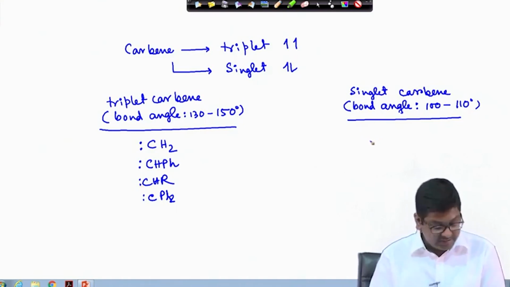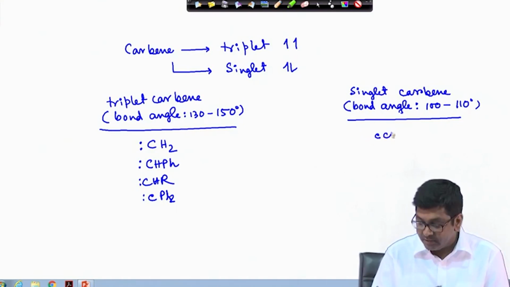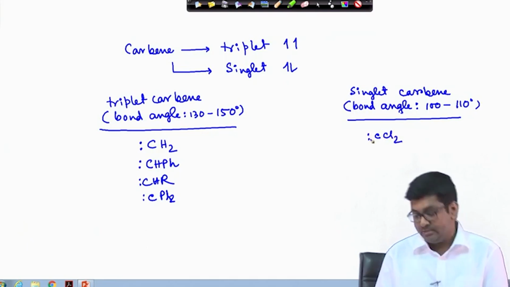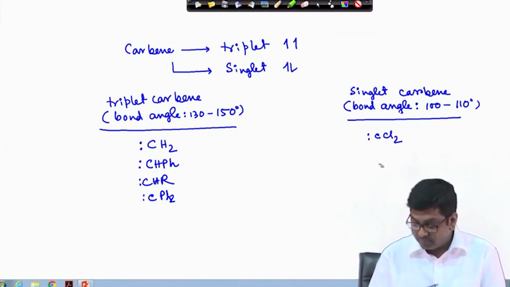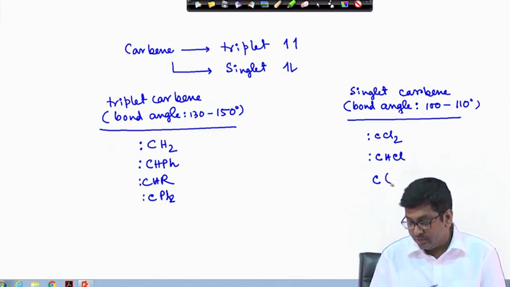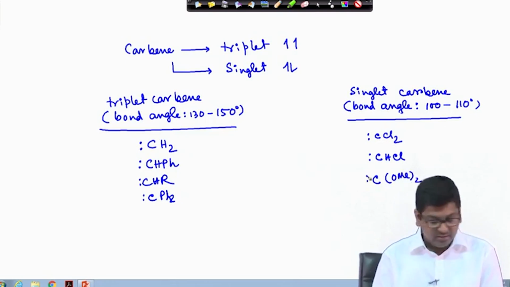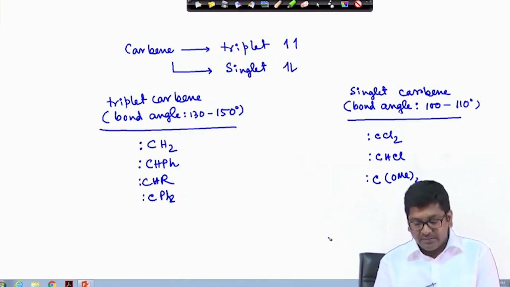And the singlet carbenes are dichloro, or CHCl, or dimethoxy carbene. Okay, just a few examples.